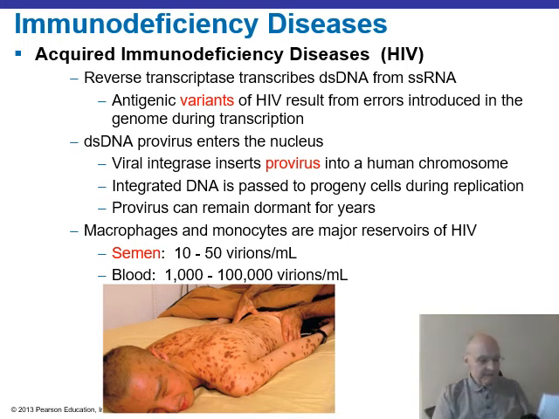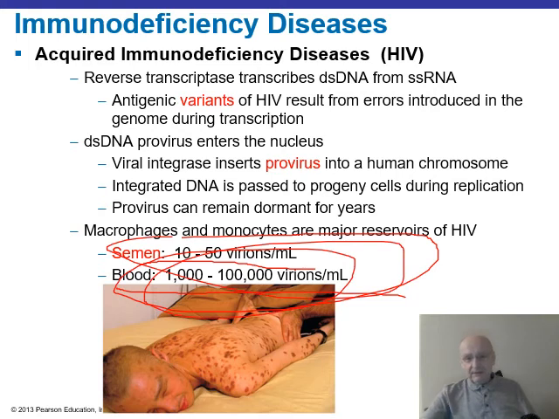Just a couple of factoids that I thought I would mention about that. These numbers here can vary quite a bit depending upon where you are in the infectious stage of AIDS or HIV infection. In other words, at the end, your immune system kind of collapses, and these numbers would increase enormously.